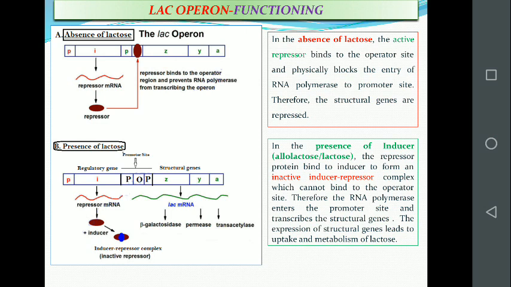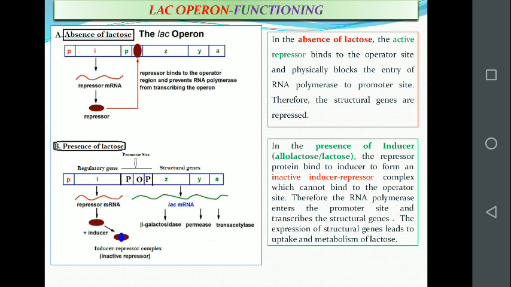In the presence of lactose, lactose may be converted to allolactose, and lactose along with allolactose acts as an inducer that binds the repressor and makes it inactive. The inactive repressor is unable to bind the operator site, and now the promoter site is free. RNA polymerase enters the promoter site and transcribes the structural genes.